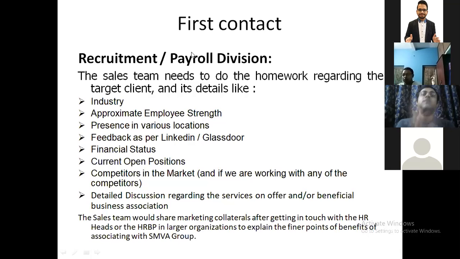Next is the competition in the market. Okay, please understand who your business rivals and competitors are. You must be aware of whom you are fighting the war with. For instance, there are big players in the industry, so the number of vacancies will go to them because they have a huge employee strength. So you are competing with those kinds of competitors.